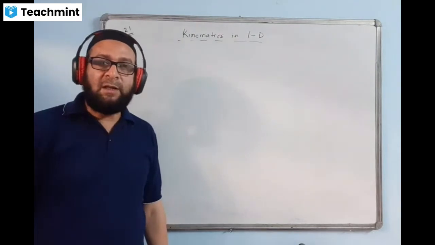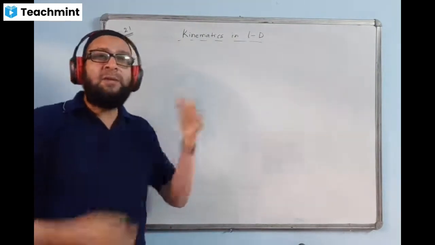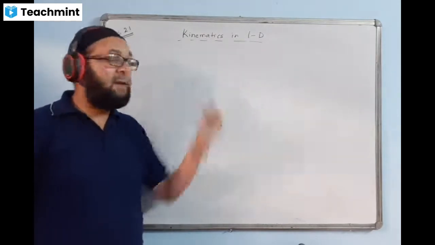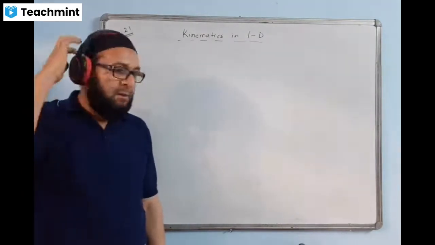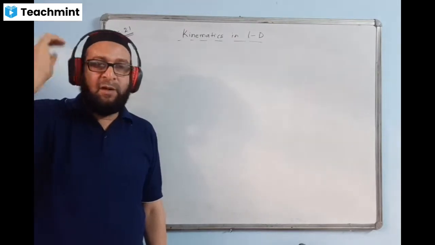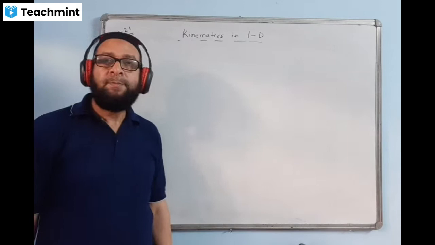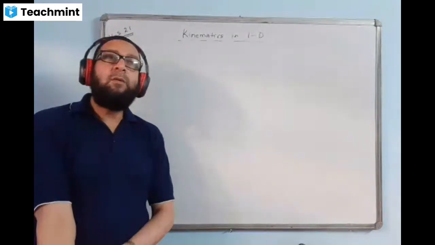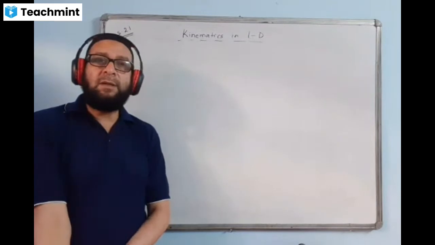I think you have some idea of this chapter, you used to do in class 9, and all the equations of motions are the same, but a little bit in detail and with little bit difficult problems we will be doing here. Okay, I think you all know what is displacement, what is distance.